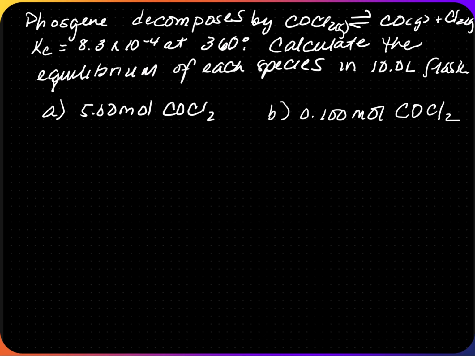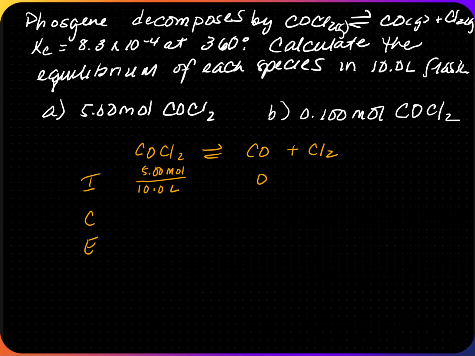Since this is not at equilibrium because it's decomposing, we have our initial concentration. So we're going to start with our ice table, COCl2. My ice table will start with my initial concentration, which will be 5 moles divided by 10 liters. I have 0 initial concentration for CO and Cl2.